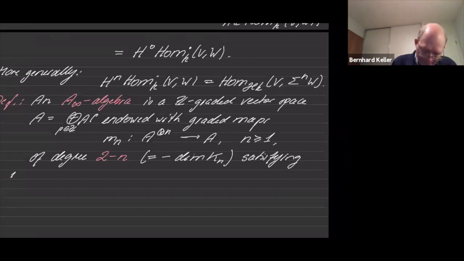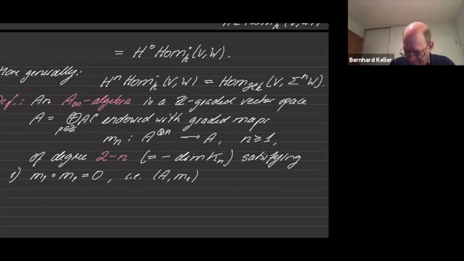First of all, m1, which is of degree 2 minus 1, equals 1, so m1 is of degree 1, and we require that m1 composed with m1 is 0, and that simply means that A together with m1 is a complex.